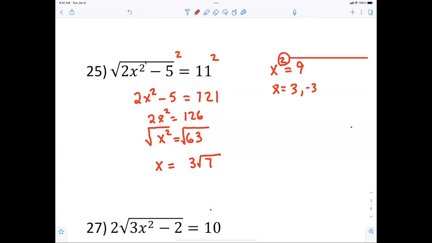So in this case, there are 2 solutions. We would say x equals plus or minus 3. Now, the reason I'm bringing that to your attention is because down here, how many solutions would there be? 2. So it's not just positive 3 radical 7, it's plus or minus 3 radical 7.